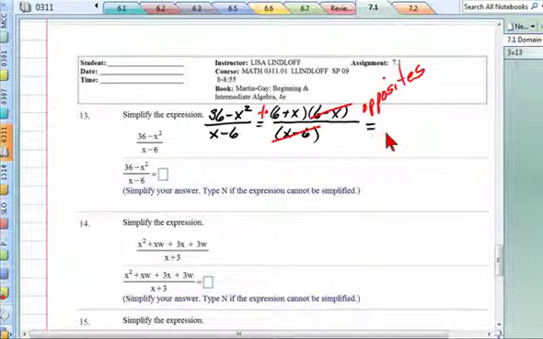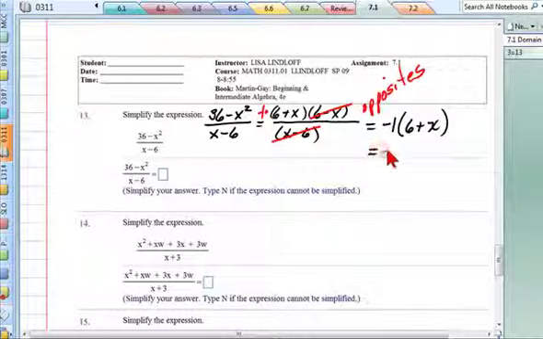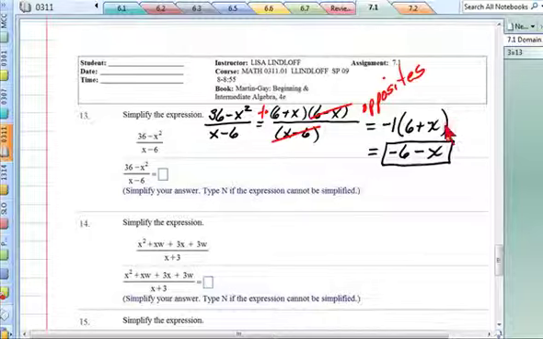All right, my answer now is, I could write it as -1 times 6 plus x, but most probably they would go ahead and multiply that to be -6 minus x. You could try leaving it like that in factored form, but it probably wouldn't like it.